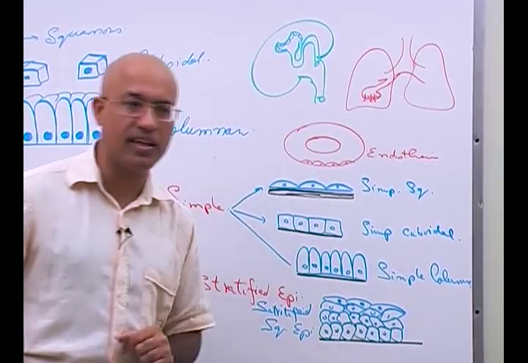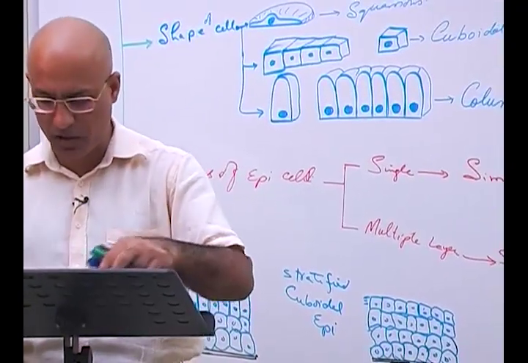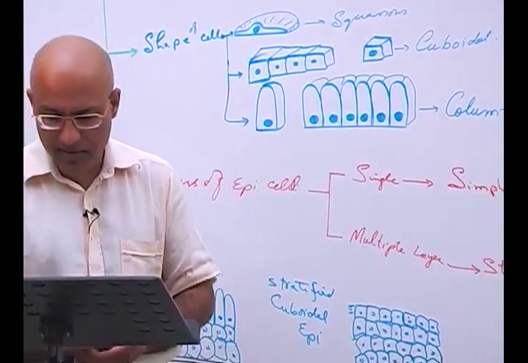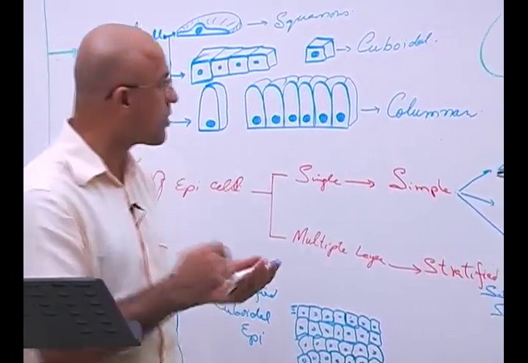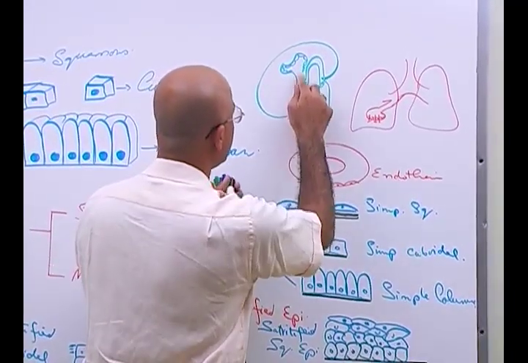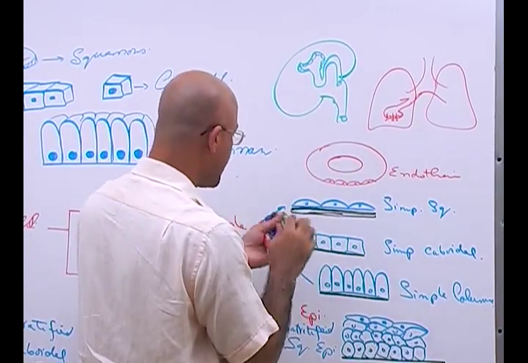Simple cuboidal epithelium. Simple cuboidal epithelium is normally present in which tissue? Yes, it is normally present, number one, in the nephron. In some areas of the nephron, this is the nephron. Nephrons are special tubes in the kidney which make the urine, right?